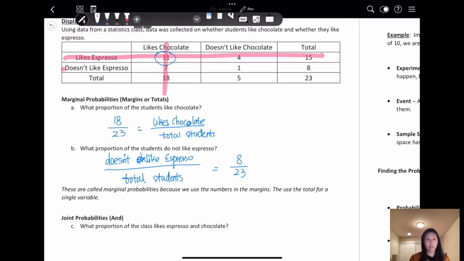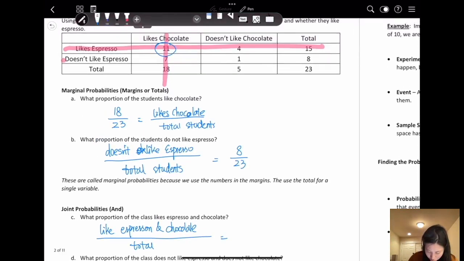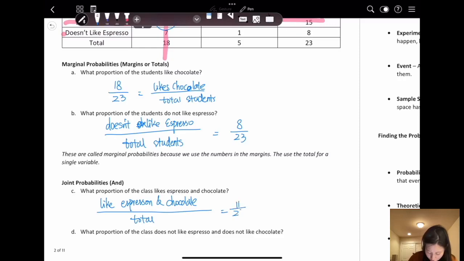It's here, right? That means there are a total of 11 students who like espresso and chocolate, over the total number of students, which is 11 over 23.